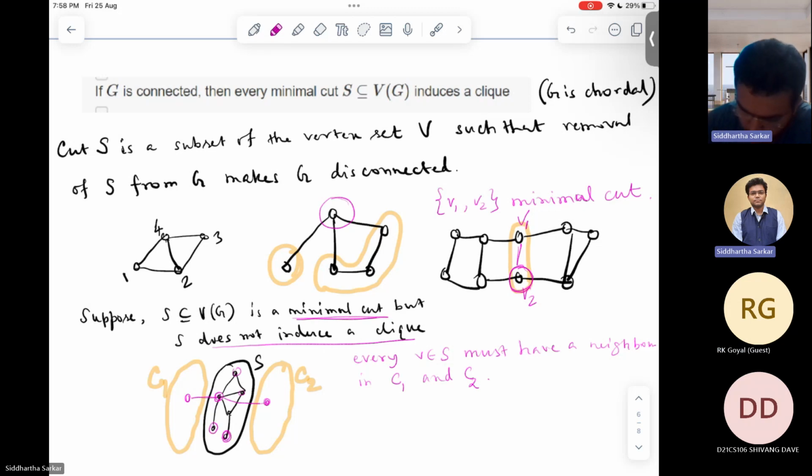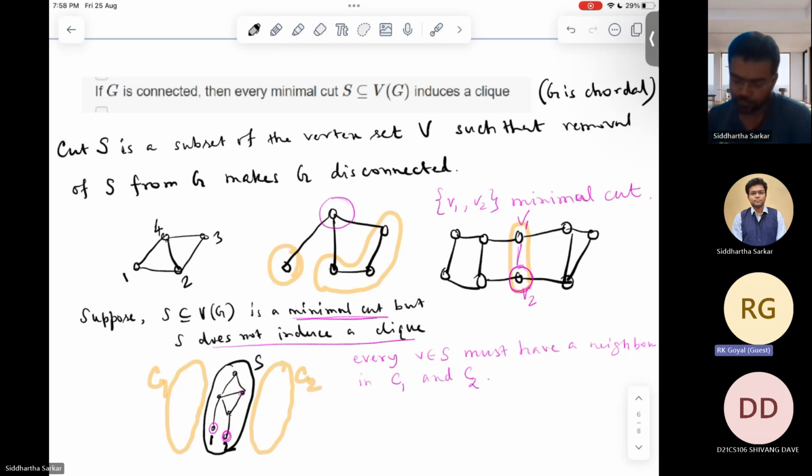Let us mark these two. Everything else I'm going to delete. So there is at least one pair of vertices in S, let us mark them 1 and 2. They don't have an edge between them because S is not a clique.